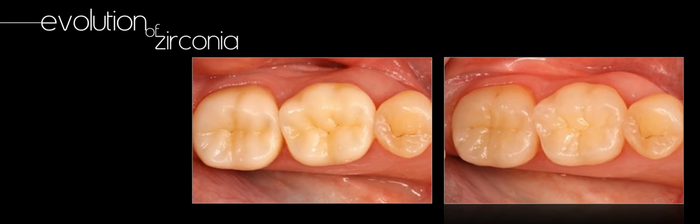The slide on the right shows first and second molars made from the exact same design file, so they're identical in every way, but with high translucency zirconias. We begin to see light transmission very similar to high translucent ceramic materials, or more importantly, like a natural tooth.